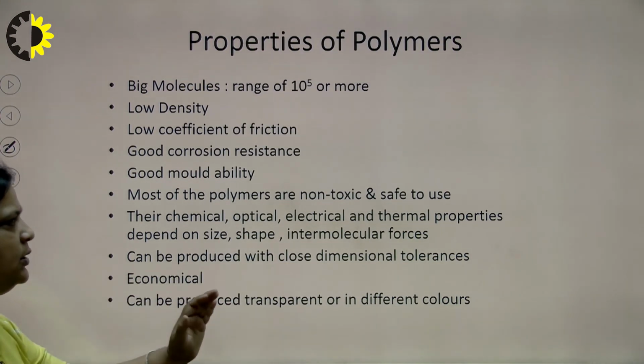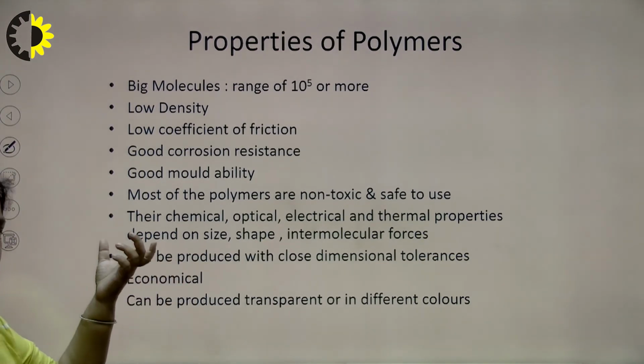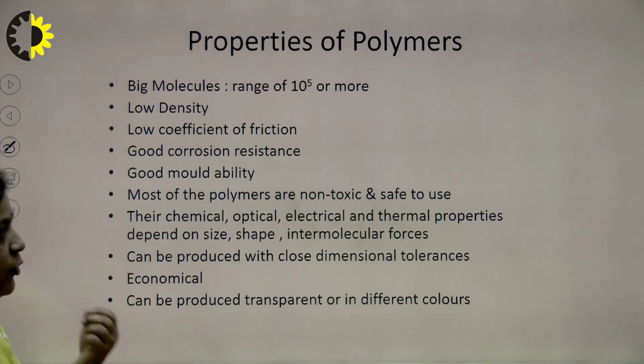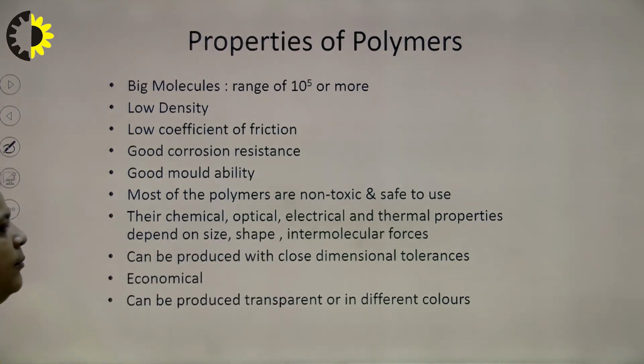Generally they are insulators, but a few polymers have very good thermal or electrical property, or they can conduct electricity. They can be produced with close dimensional tolerance, they are cheap or economical, and they can be produced transparent or in any desired color.